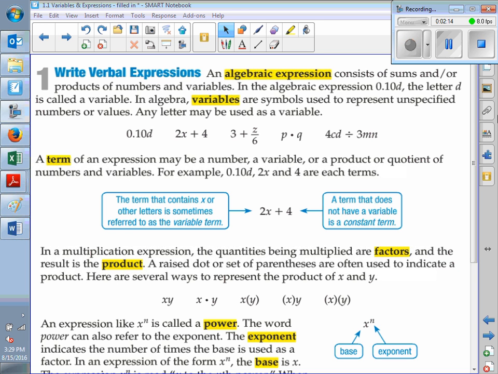Now, a term of any expression could be a number, variable, or a product. A term is each one of these parts of the algebraic expression. So, this is a term. This is a term. That's a term. Okay? Those are all terms. It's each part of the variable expression. Okay?